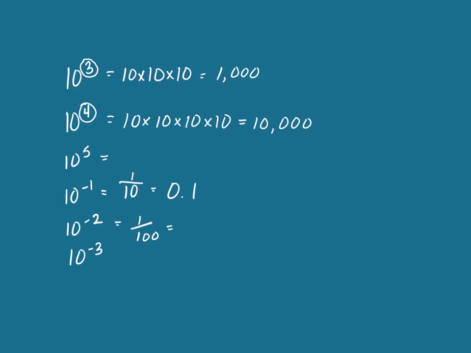So that would look like 0.01. And if you're multiplying something by 10 to the negative third power, that's 1/1000th, which is 0.001.